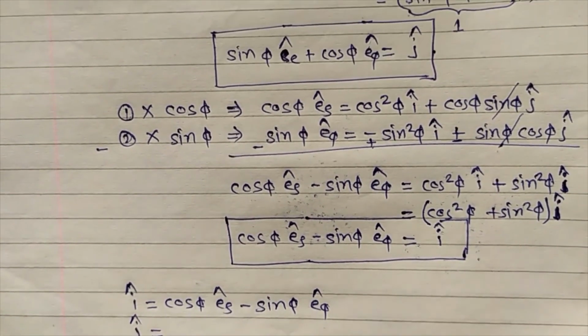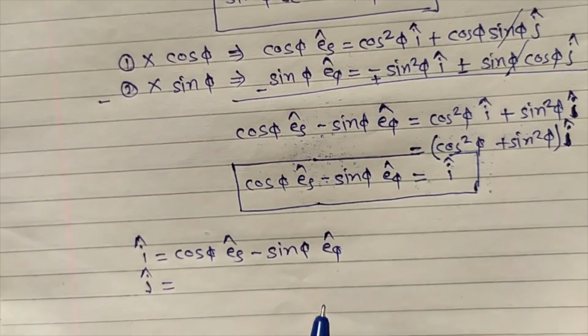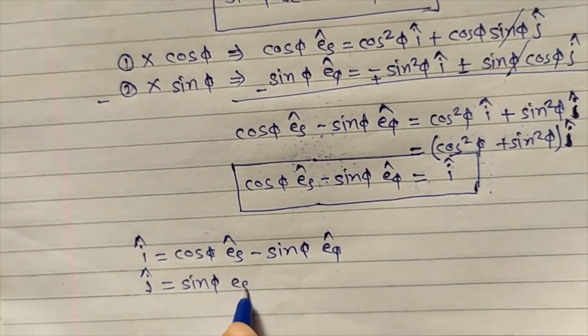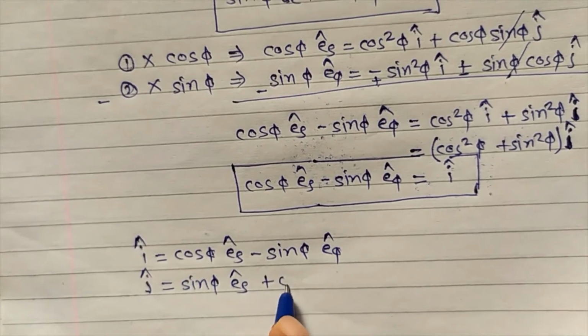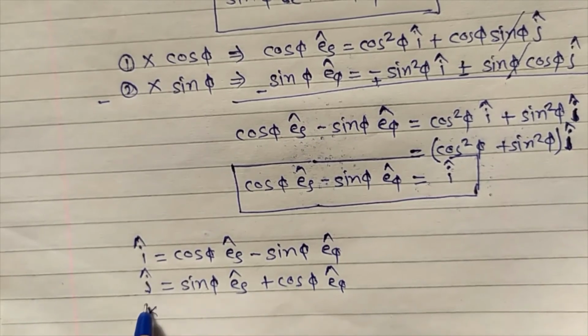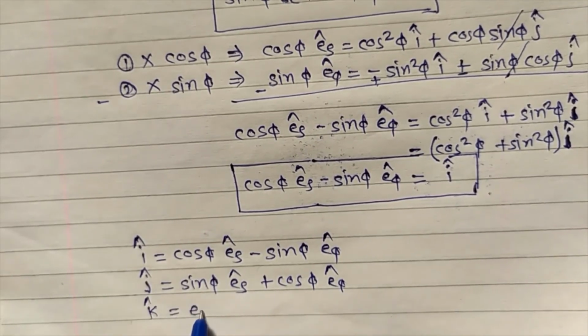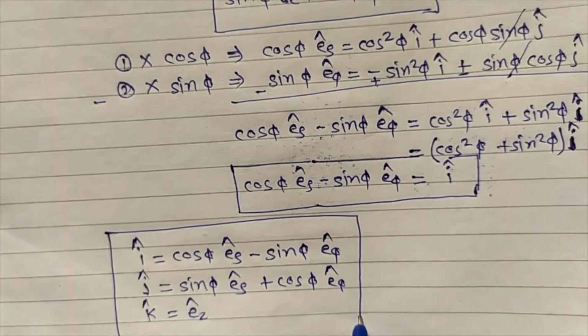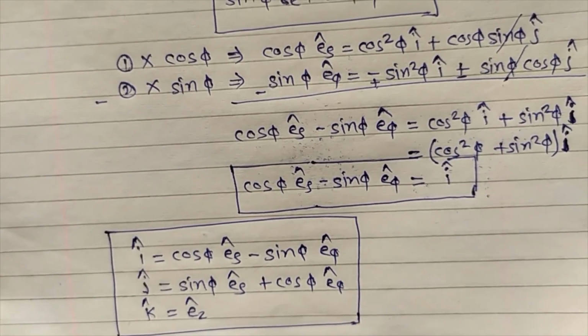Where is the j cap? Here is the j cap, you can see. So I am carrying it over here: sine of phi e rho cap plus cos of phi e phi cap, and then the expression for k cap, which is very simple, Ez cap. So in this lecture we have obtained these 3 expressions.